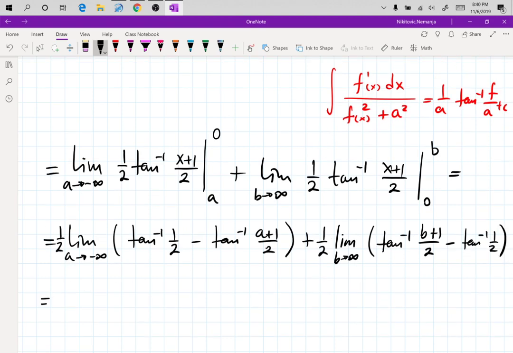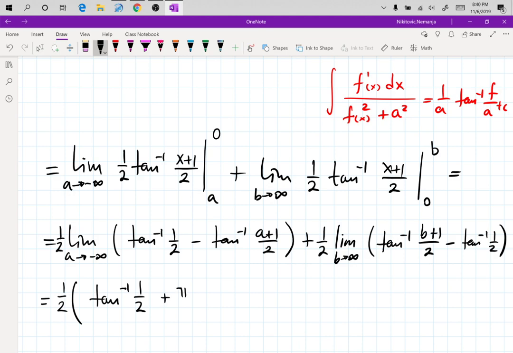So now we have 1/2 for the entire problem, and we have inverse tangent of 1/2. Well, we don't know what that is, just leave it. And now I have inverse tangent of negative infinity. Inverse tangent of negative infinity is negative pi over 2.